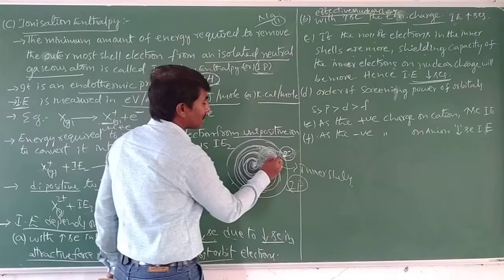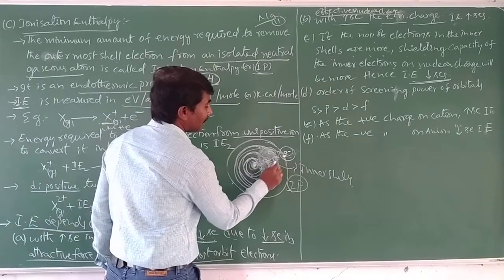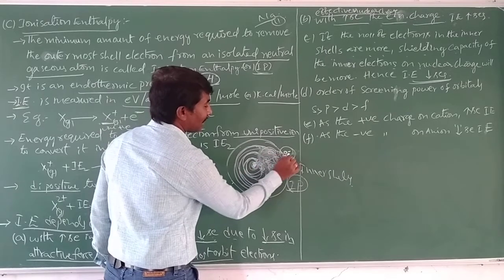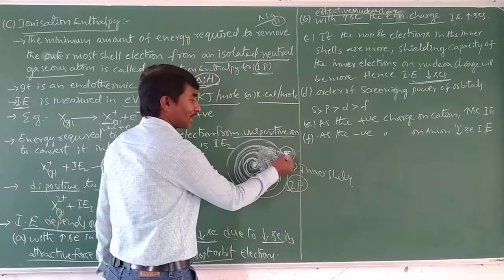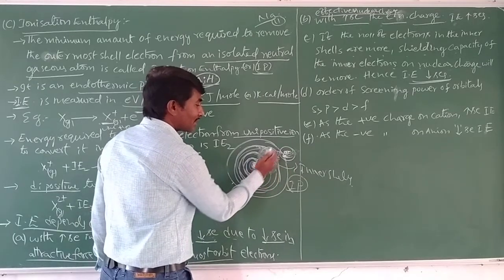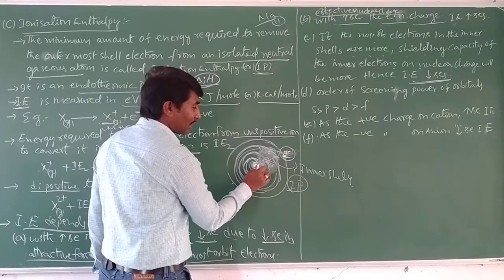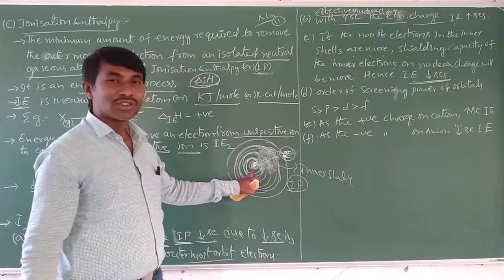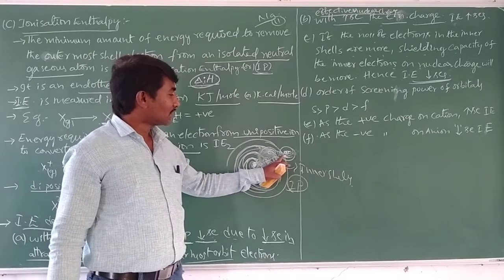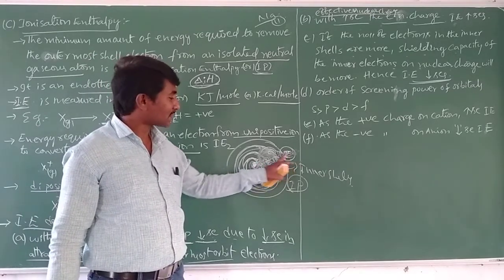So when the electrons of the inner shells are more, automatically the effective nuclear charge on the outermost electron is less. These electrons occupy the force of attraction, so the outermost electron escapes from the nuclear charge.